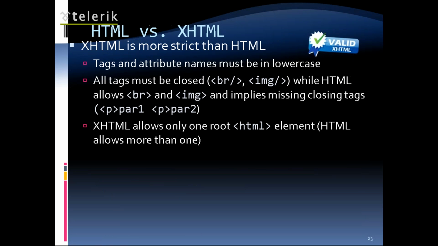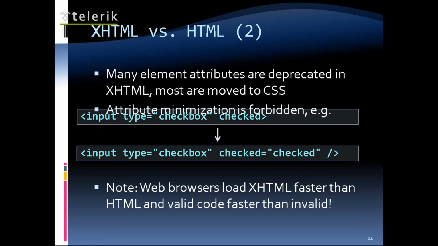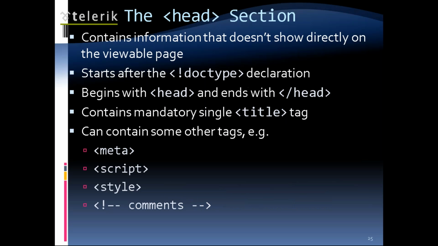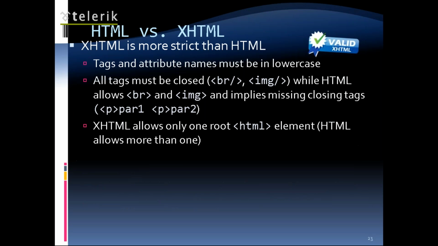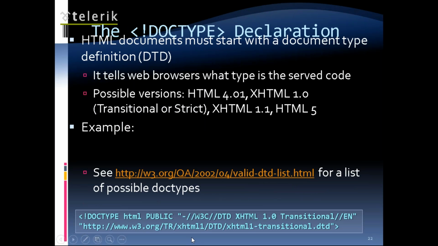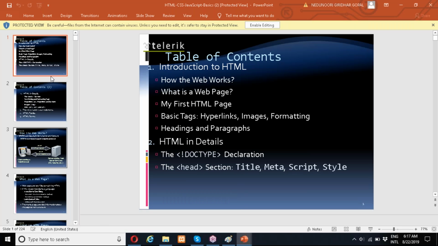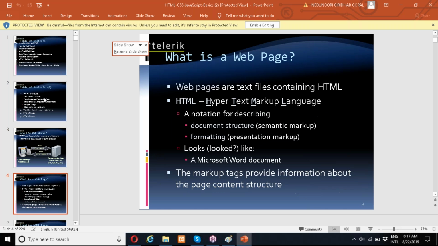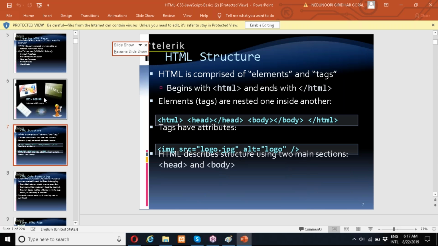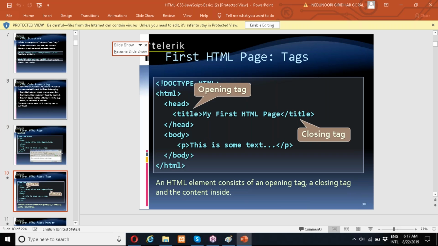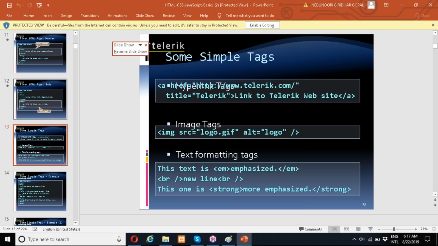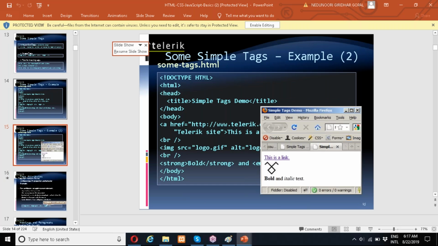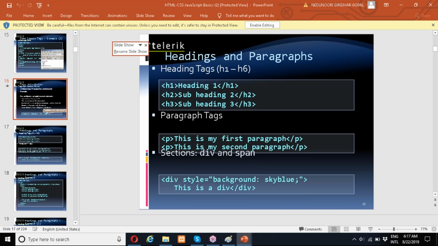But from HTML5 onwards, we just write doctype html. That's it, that is enough. The longer doctype was used at the HTML4 level, but from the HTML5 level onwards we use only doctype html.